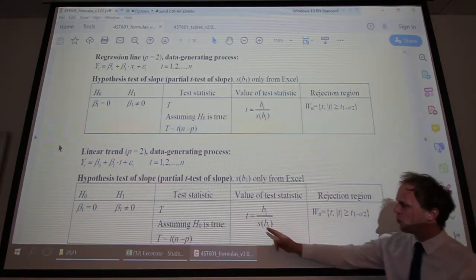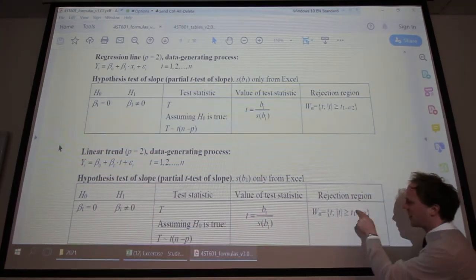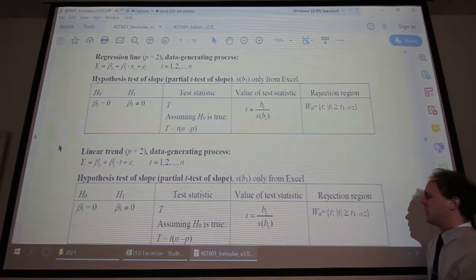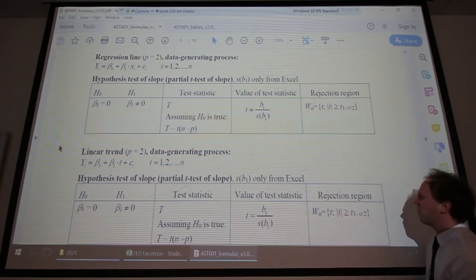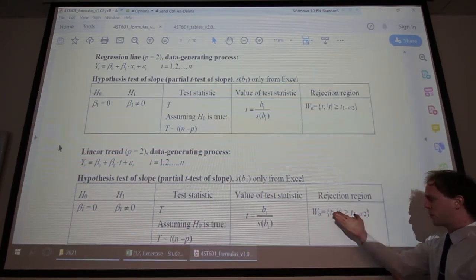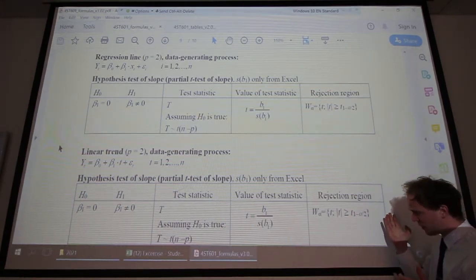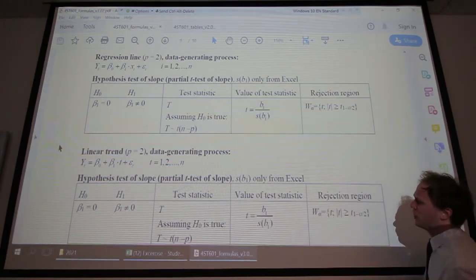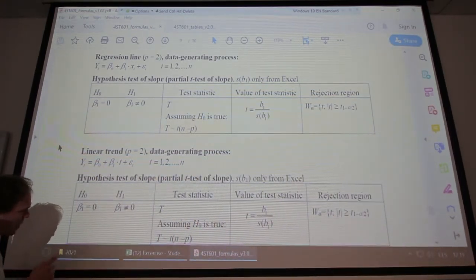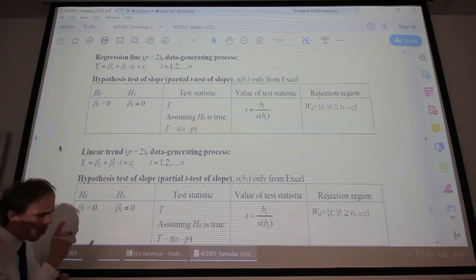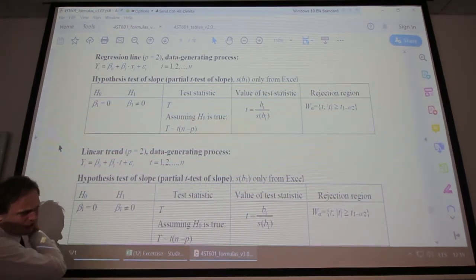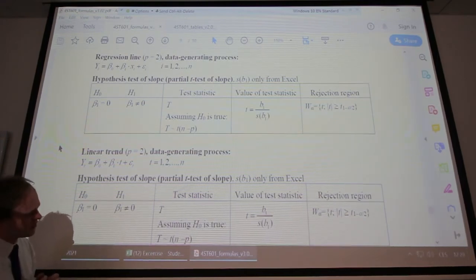If the absolute value of the test statistic is higher than the critical quantile from the t-distribution, 1 minus alpha divided by 2, we will enter the rejection region and we can reject the zero hypothesis. So this is our wish. We would like to reject the zero hypothesis.